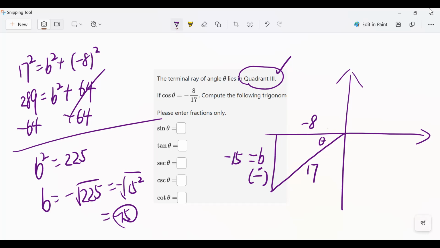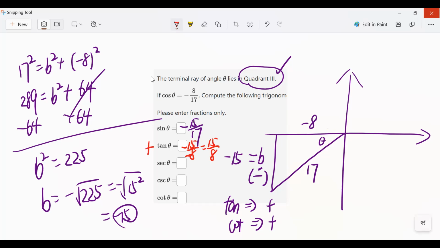Now, once you nail down the value of b, then we get the rest of them. Sine will be the opposite over hypotenuse, minus 15 over 17. In the third quadrant, only tangent is positive, cotangent positive, everything else negative. So tangent will be the opposite over adjacent, so minus 15 over minus 8, which will be 15 over 8.